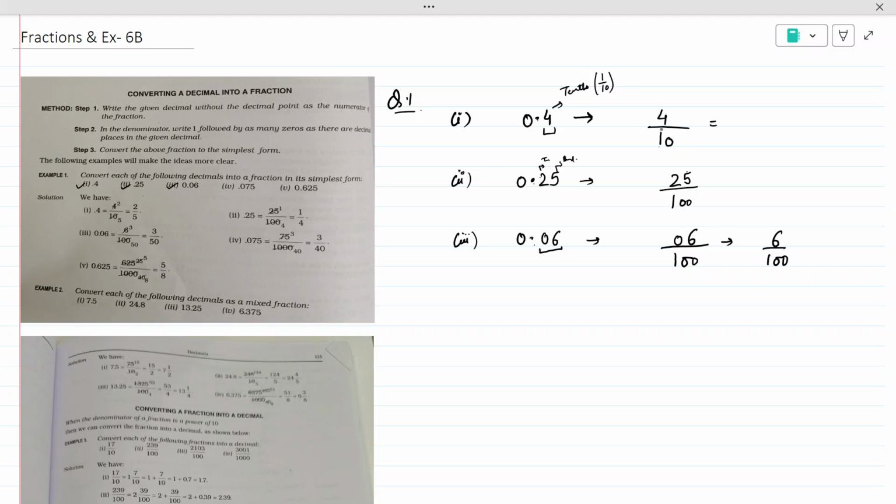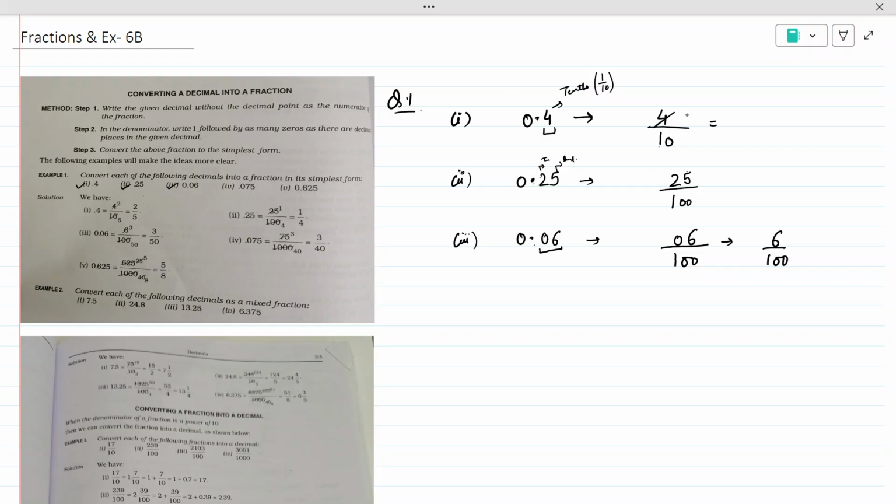For that, we have learned all this in the chapter on factors. So what we are going to see here is whether there is any number which is a common factor of both 4 and 10. And we know such a number, that is 2. 2 is a common factor of both 4 and 10.